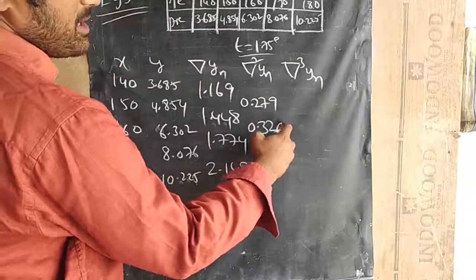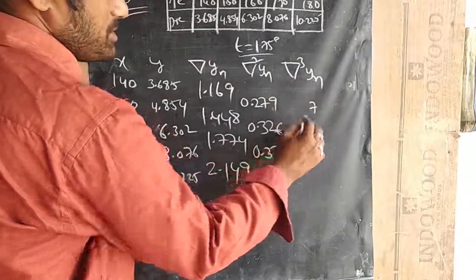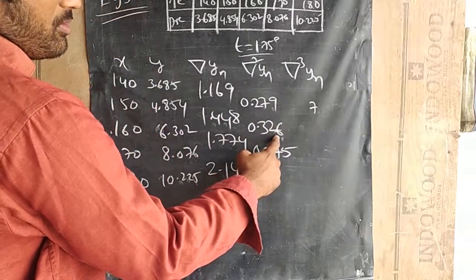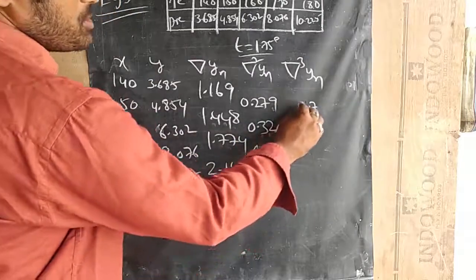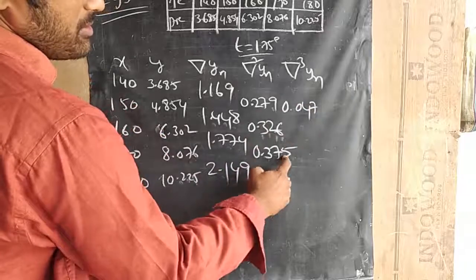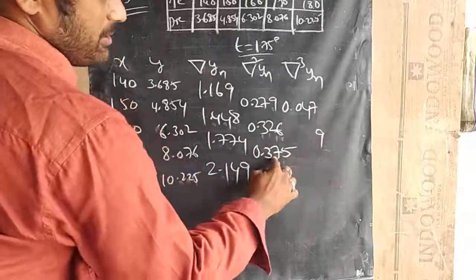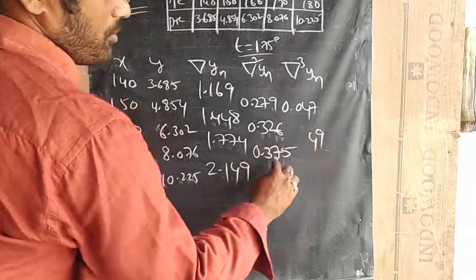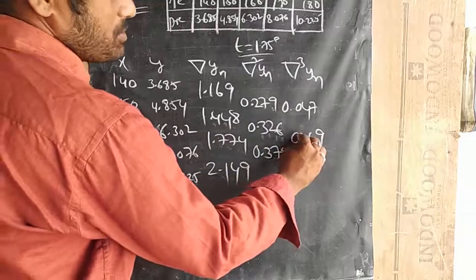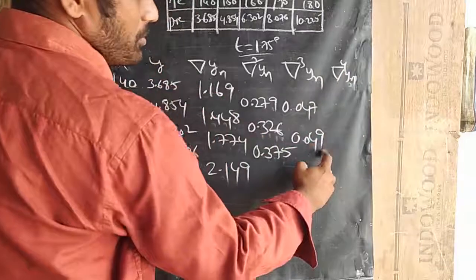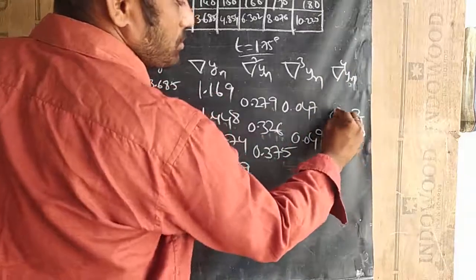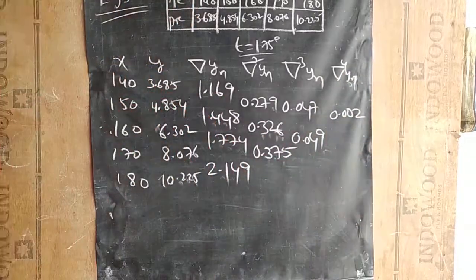Next, delta cube yn. 0.326 minus 0.279 is 0.047. 0.375 minus 0.326 is 0.049. Next, delta power 4 yn, which is 0.049 minus 0.047, so the answer is 0.002.